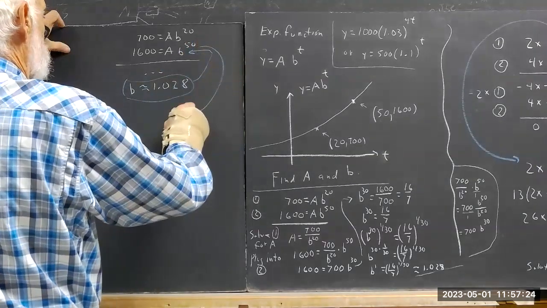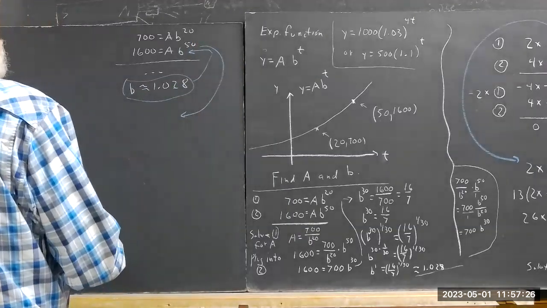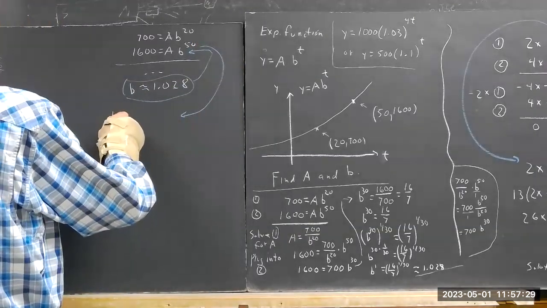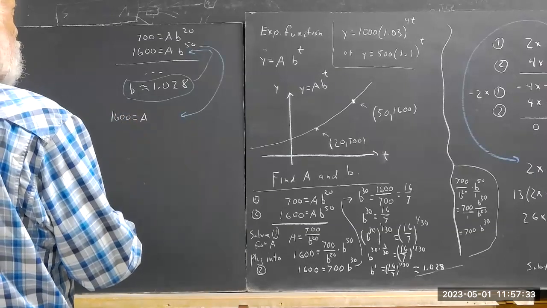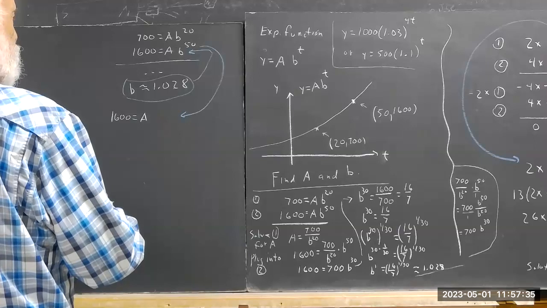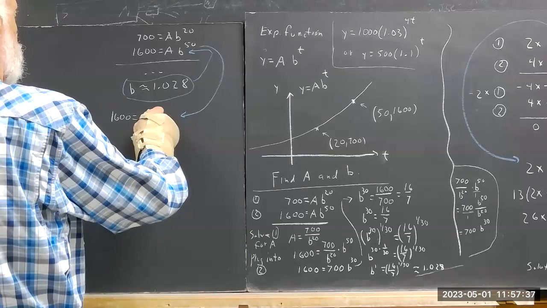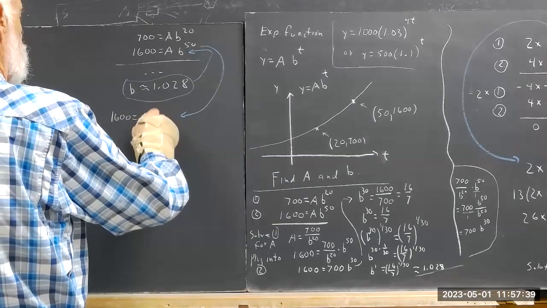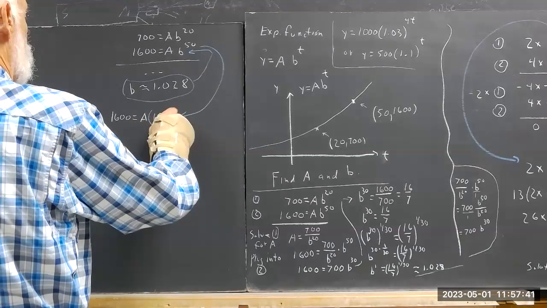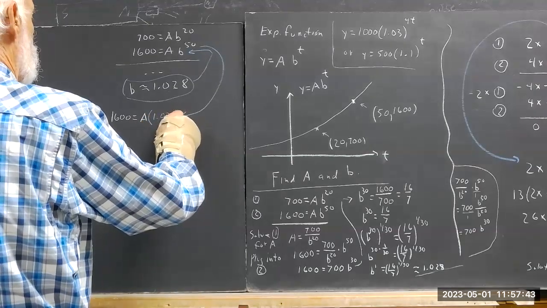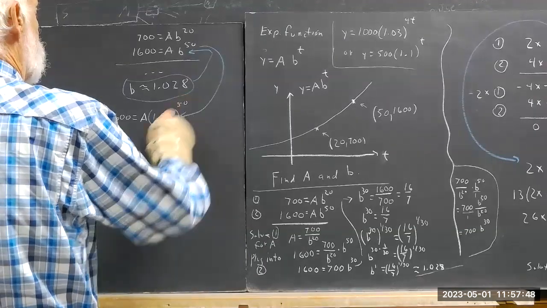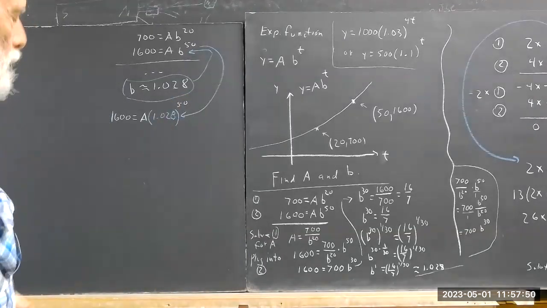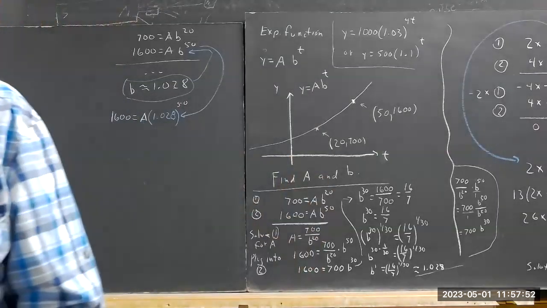Now we have 1600 equals A times 1.028 to the 50th. Well, that's easy to solve for A, so go ahead and solve it.